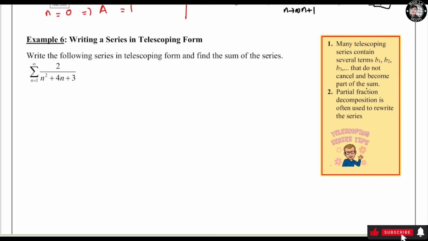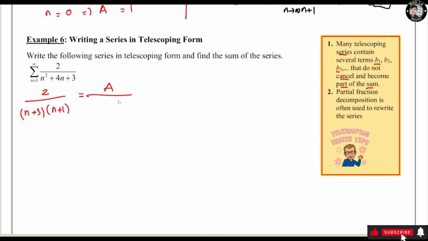Now, example number 6 is slightly different from what we did before. Many telescoping series contain several terms, b1, b2, b3, that do not cancel and become part of the sum. Now, we need to do partial fraction decomposition first, right? So I'm going to have 2 over, I'm going to factor the bottom out first. So it could be n plus 3 times n plus 1, right?